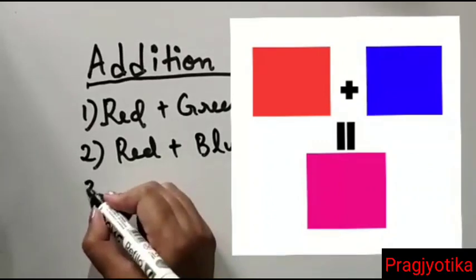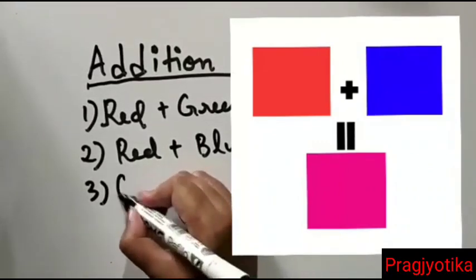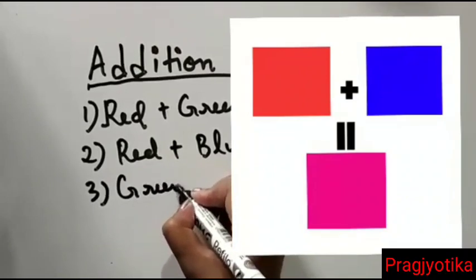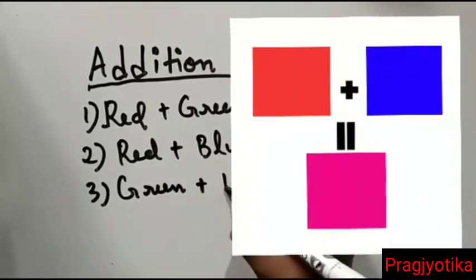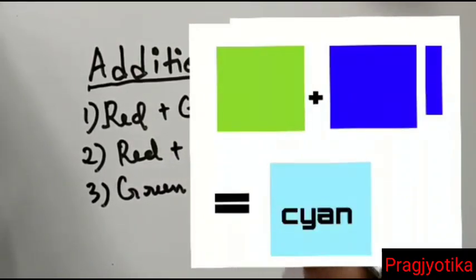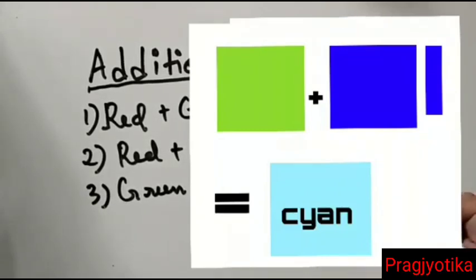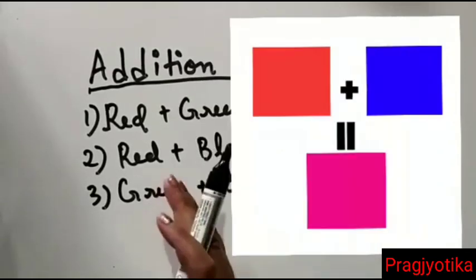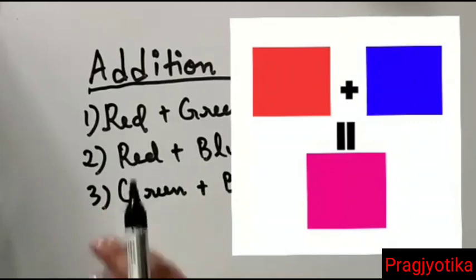And if we add green and blue color, we get cyan color, which is a light blue color. So in this way, different colors are formed by adding different primary colors.